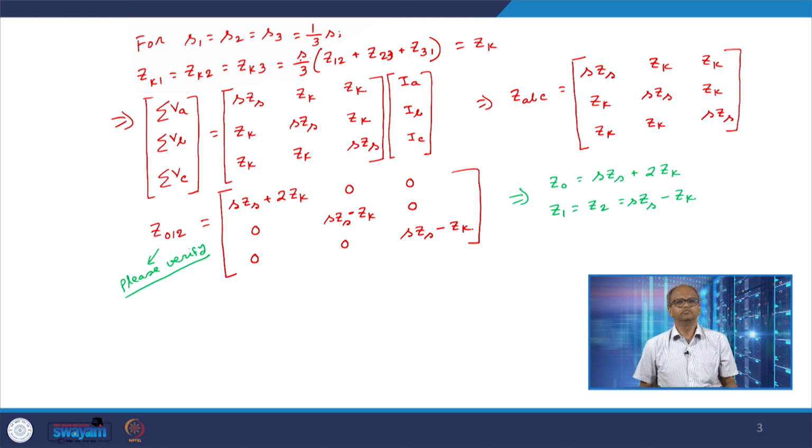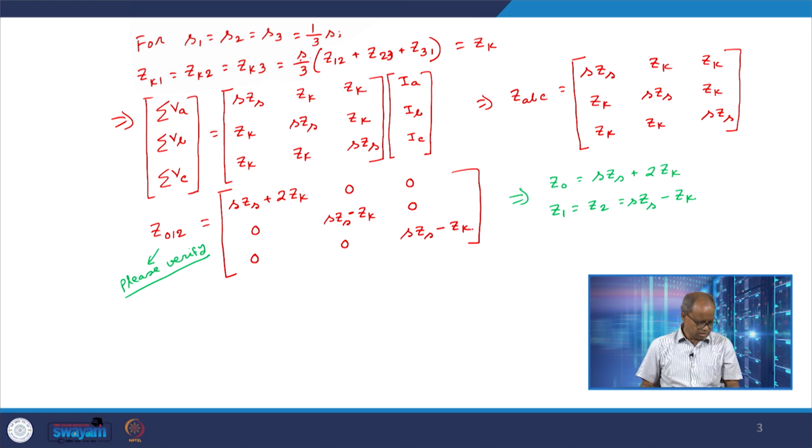So again, we have already seen, and that fact is again re-established, that the positive sequence and the negative sequence impedances are the same, and the zero sequence impedance is greater than the positive sequence impedance.